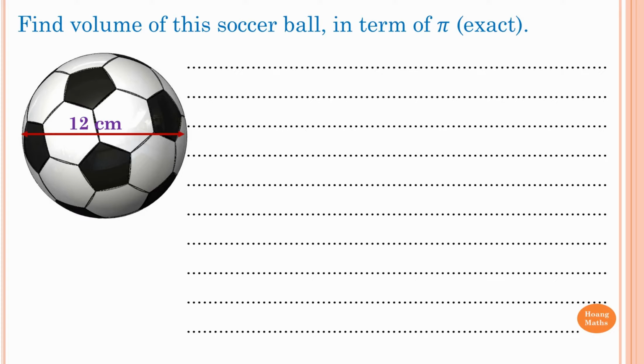So first of all, the volume V of a sphere is 4 over 3 pi r cubed, and the radius is half of the diameter, because 12 is the diameter of the soccer ball. So the radius is equal to 12 divided by 2, which is 6. So the radius is 6 centimeters.